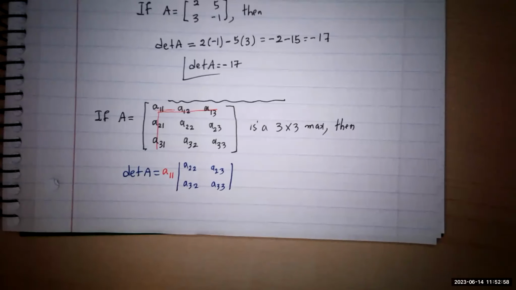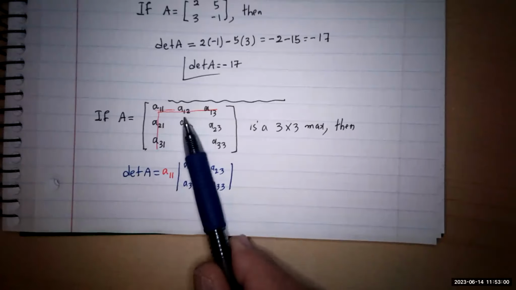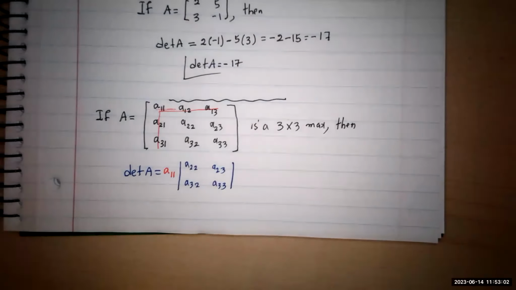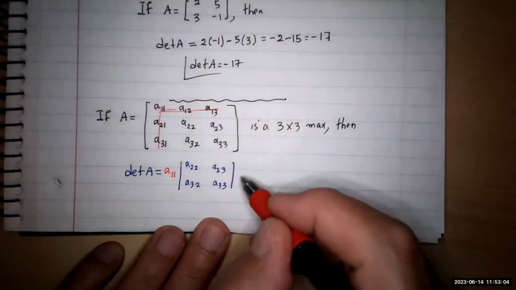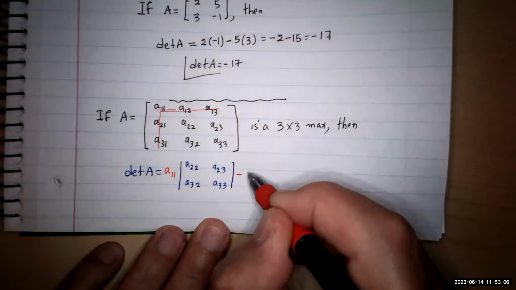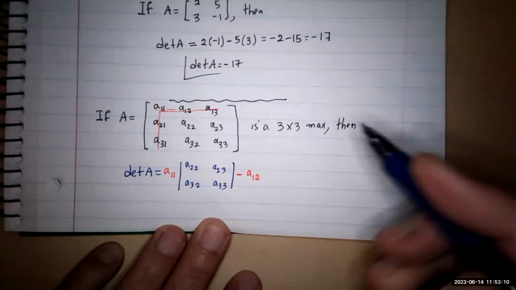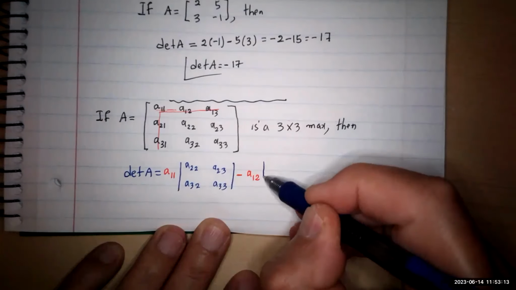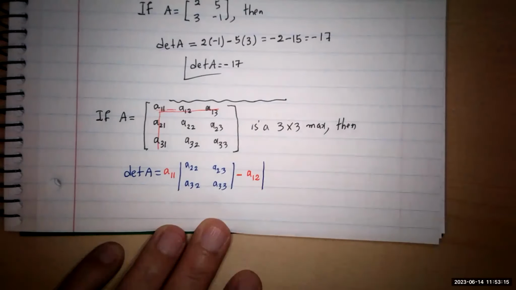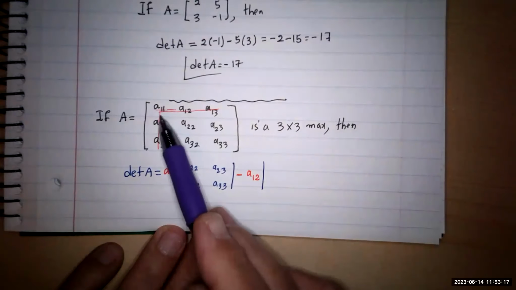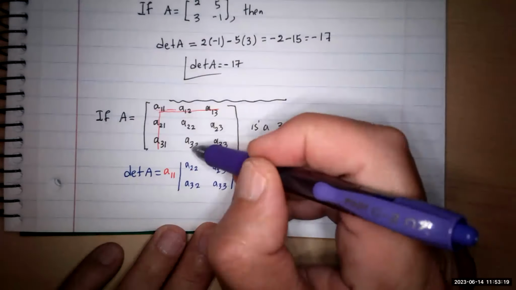Then we continue in this first row. We go to the second one, A12, but with a negative sign, minus A12. Again, we reduce the matrix by eliminating the first row and the second column this time.